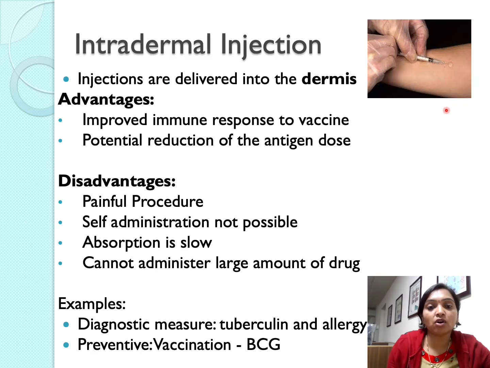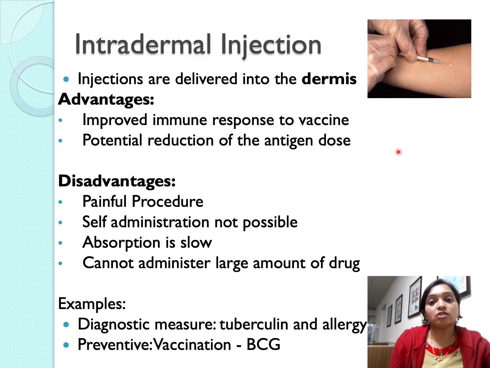This is most commonly preferred to give vaccines, and also for allergic tests, like in case of asthma and patients with allergy, to do a patch test, where different allergens are injected in very small doses, so that you can find out the allergen and tell the patient to avoid such drugs or food items, so that they can prevent allergy. This route is mainly preferred for vaccination, because a very little dose can be administered and it will produce a good immunogenic response.